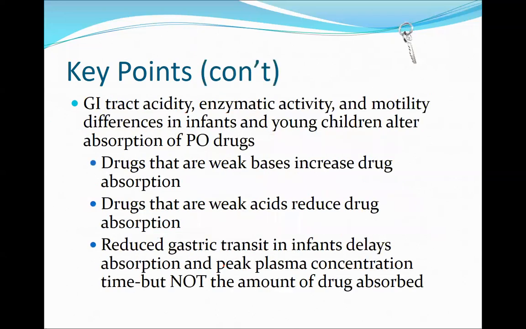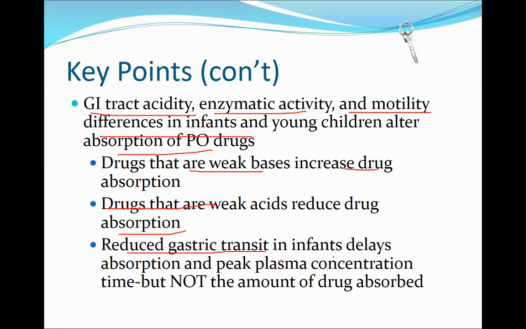Other key points: let's talk about the GI tract. The acidity, the enzymatic activity, and the motility differ a lot in infants and young children, which could alter the absorption of many drugs given by the oral route. Drugs that are weak bases increase absorption, and drugs that are weak acids reduce absorption.